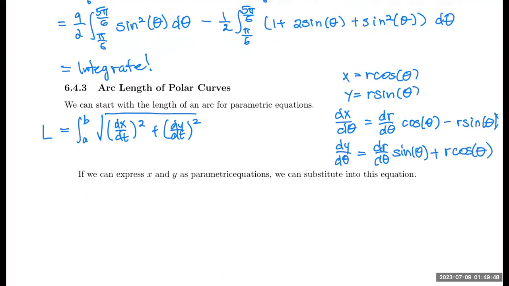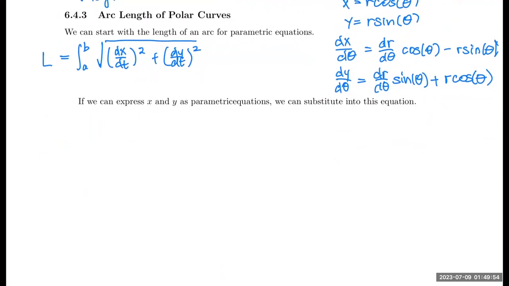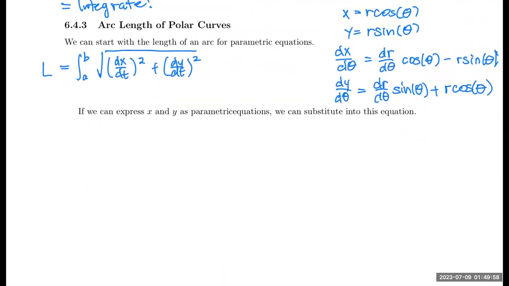Okay, so let us go ahead and substitute those into the length function. I'll just work with the square root part first. So let me work with dx divided by d theta squared.